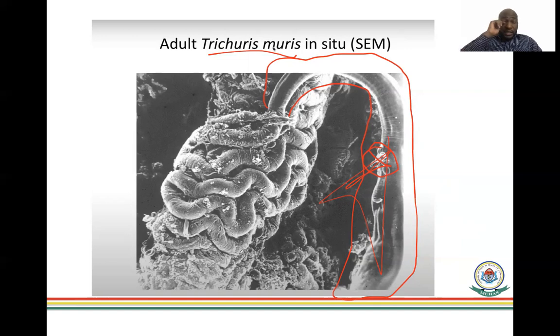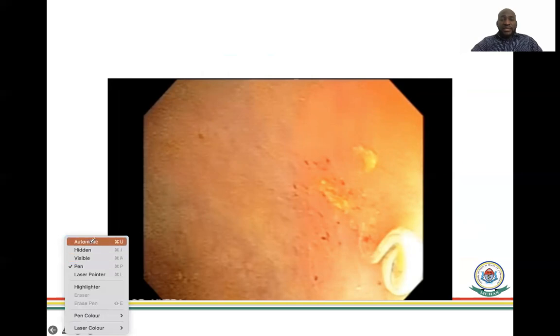This is a sample scanning electron micrograph of a mouse that is infected. And this video shows you an endoscopy that has been done in an adult human being, and it shows the parasite in situ. So let's see.